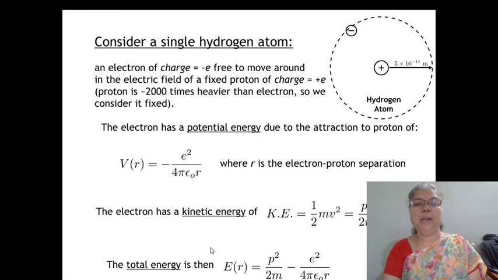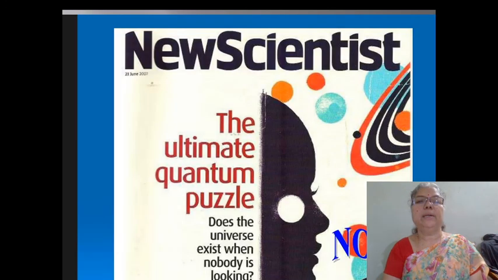Therefore, the total energy of the electron is p square upon 2m minus e square upon 4 pi epsilon 0 into r, where epsilon 0 is the permittivity.